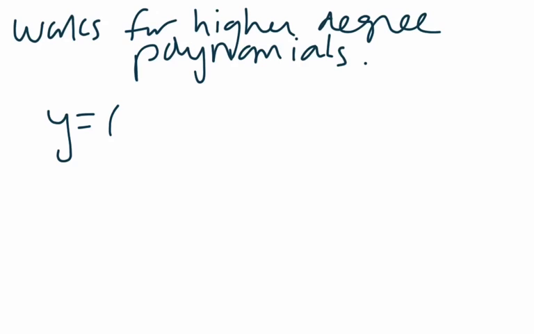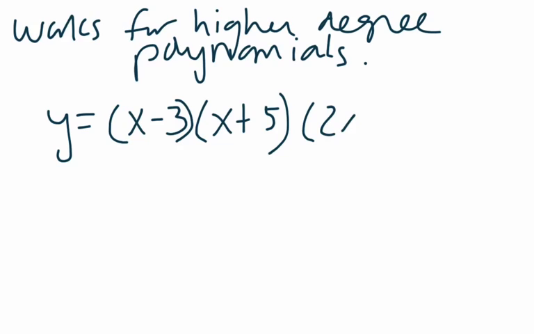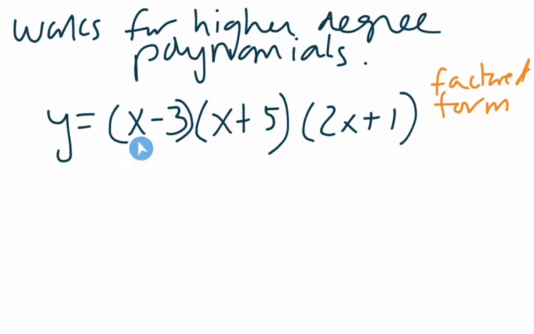If we have y equals x minus 3 times x plus 5 times 2x plus 1. Again, notice that this is in factored form. So we have three factors here, x minus 3, x plus 5, and 2x plus 1.